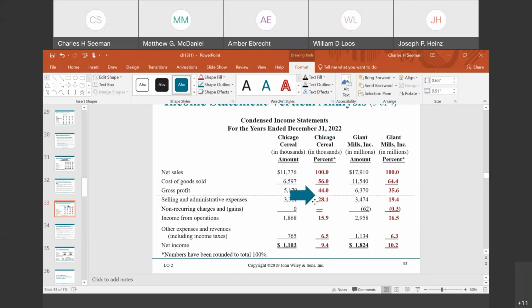So in this case, Giant Mills is better, with a smaller percentage, 19.4 to 28.1. What that means is Chicago Cereal manufactures the product more efficiently, but Giant Mills operates its administrative and selling department more efficiently.